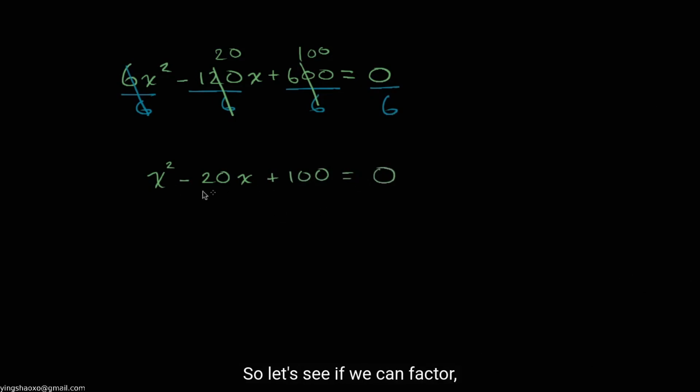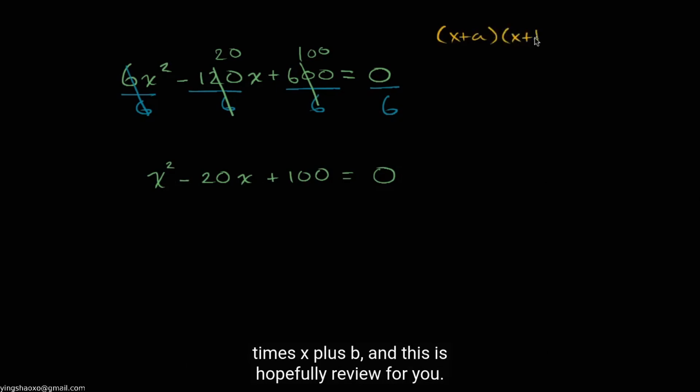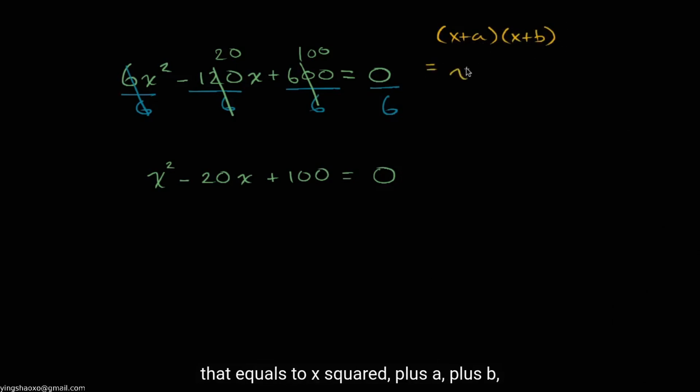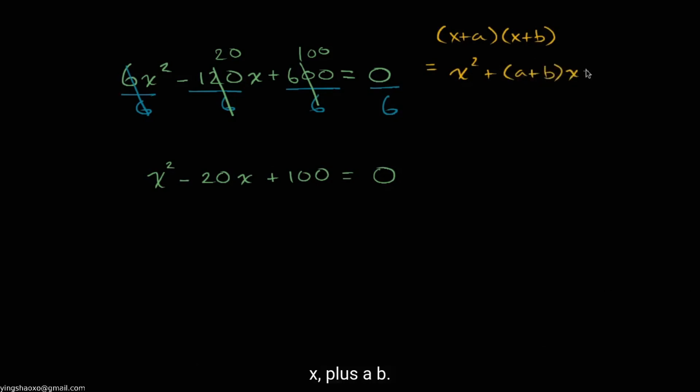So let's see if we can factor, if we can express this quadratic as a product of two expressions. And the way we think about this, and we've done it multiple times, if we have x plus a times x plus b, and this is hopefully a review for you, if you multiply that out, that is going to be equal to x squared plus a plus b x plus ab.